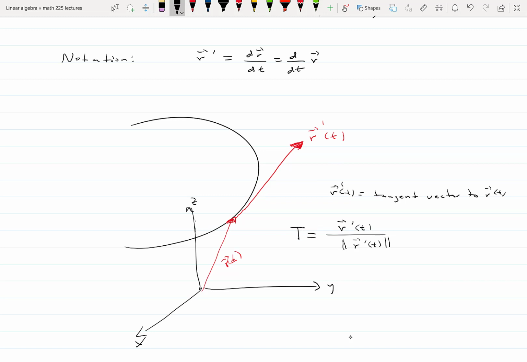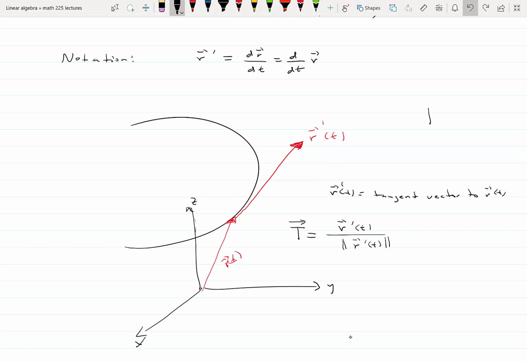I'm going to get a tangent vector, and we use the variable capital T to indicate that. Now we don't need to draw a little hat over that, because simply writing capital T means we're looking at a unit vector. But there's nothing wrong with writing capital T and a little hat over it to indicate a unit vector, but it's not necessary.